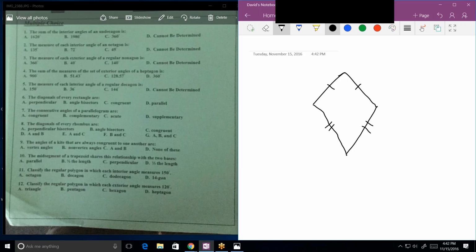If I draw a perfect diamond, I think I still have a kite, because that's equal to that, and that's equal to that. Well, wait: a quadrilateral that has two pairs of consecutive congruent sides, but in which opposite sides are not congruent. Okay, so that does eliminate the diamond, and the rhombus.